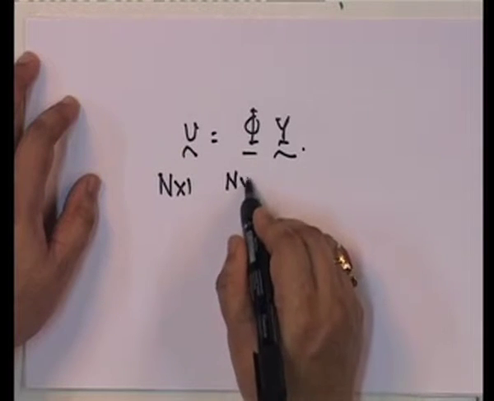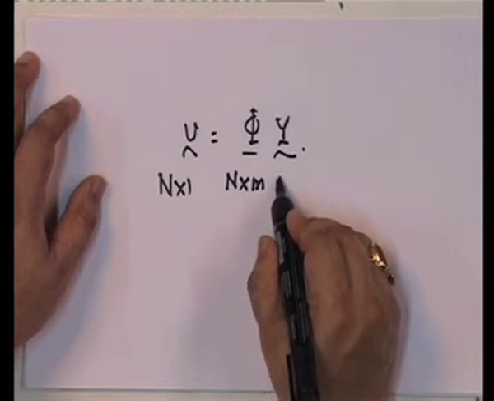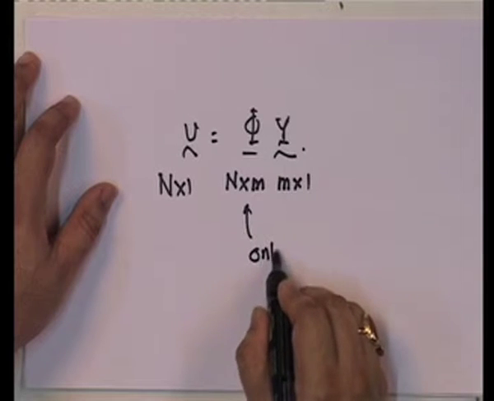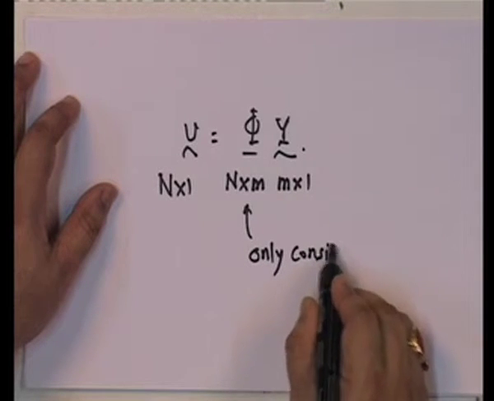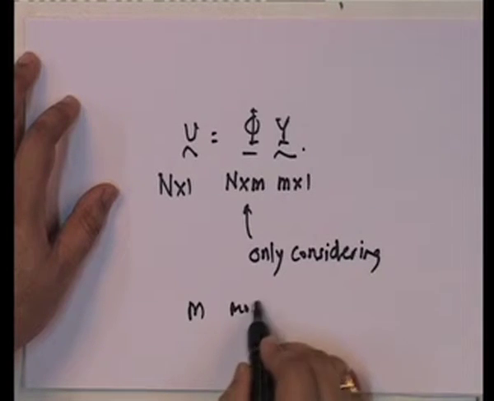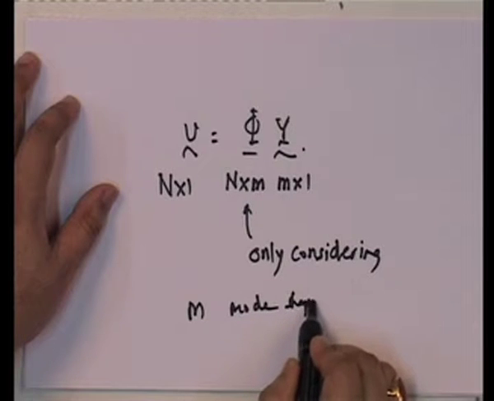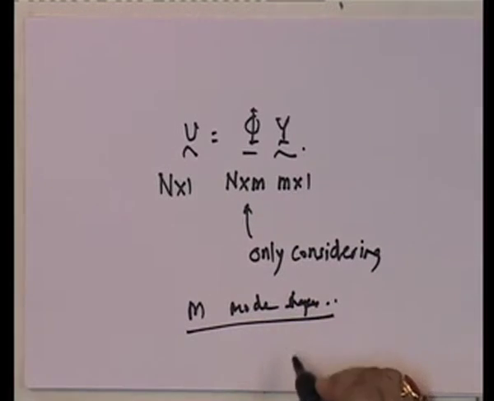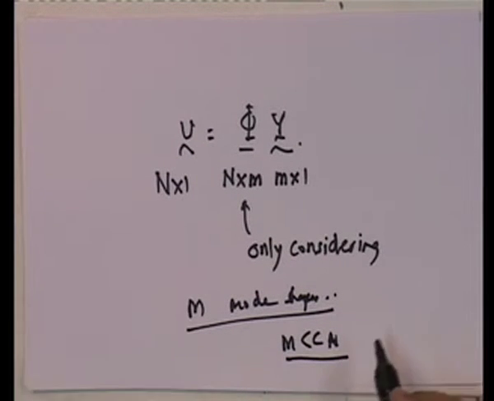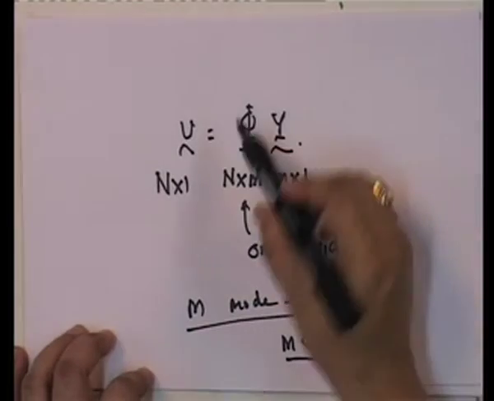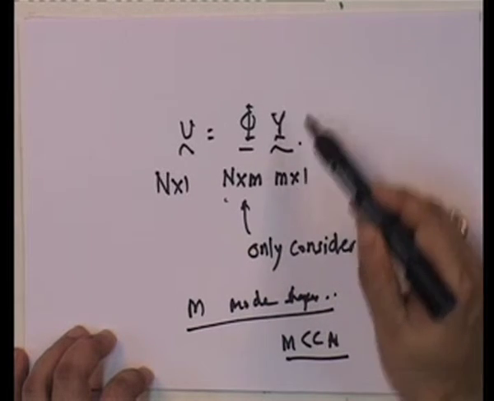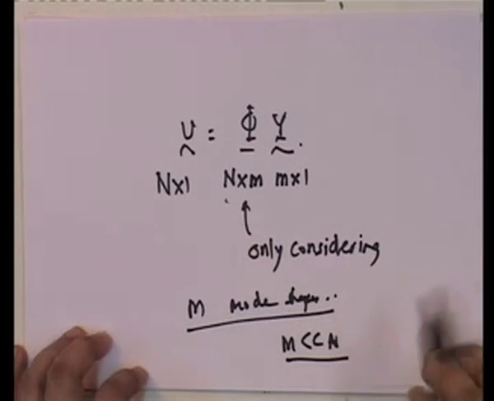This is no longer n by n, it is n by m. So, what happens is only considering m modes, where m is significantly less than n. So, that is the problem, and note that there are only m mode shapes, and therefore, there are only m modal amplitudes.